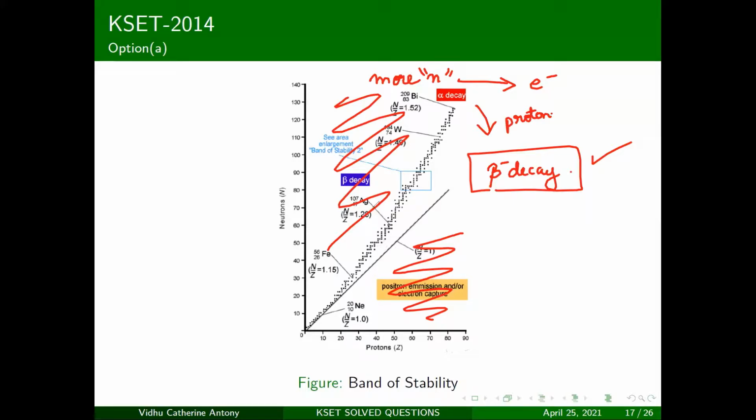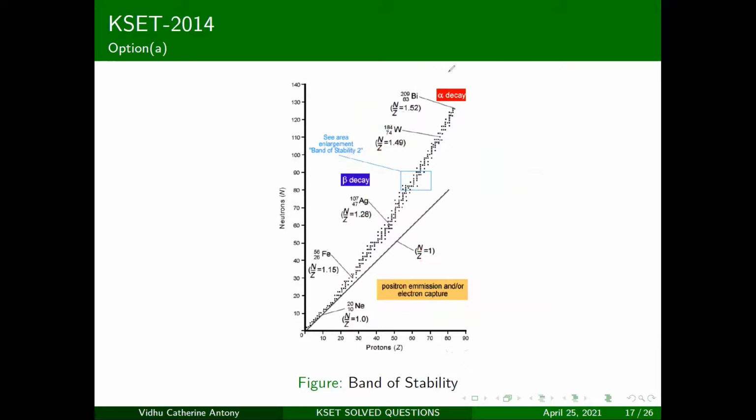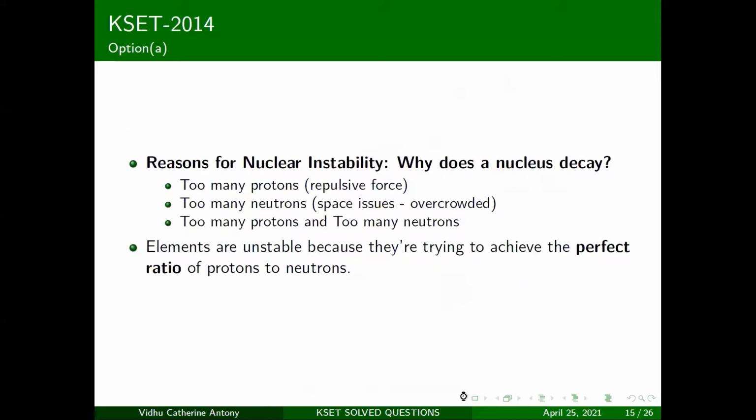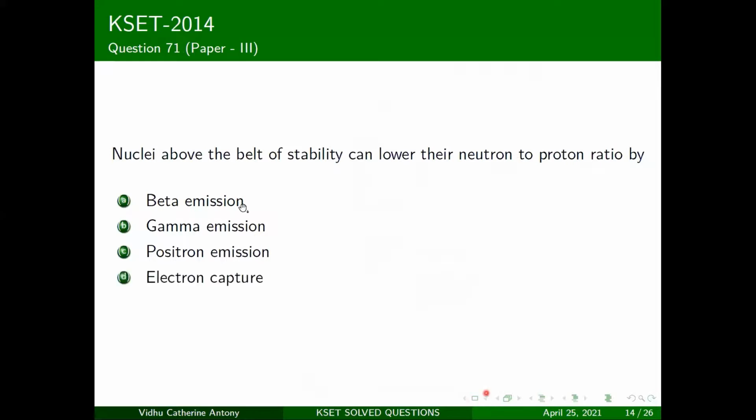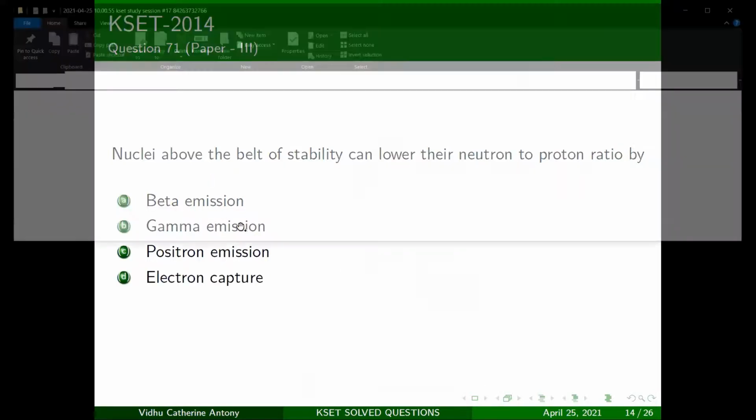If they have more protons and neutrons, they will try to expel both using alpha decay. So this is about this question. This can lower the neutron to proton ratio by beta emission.